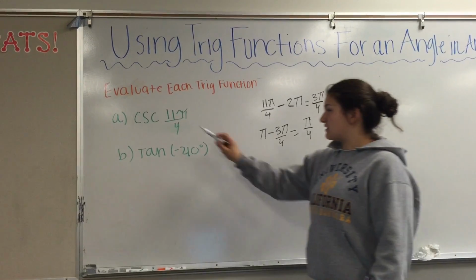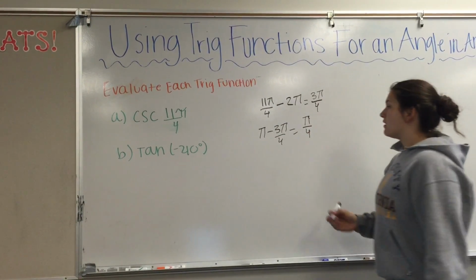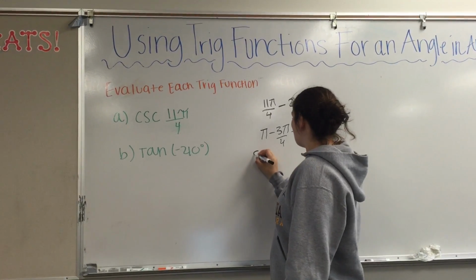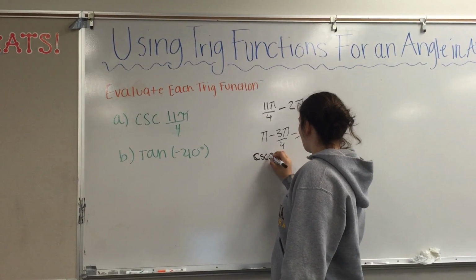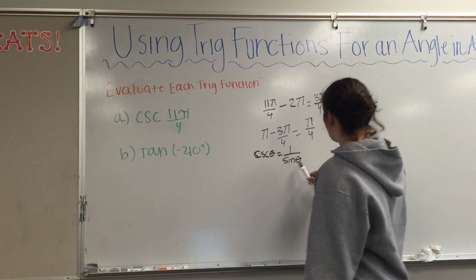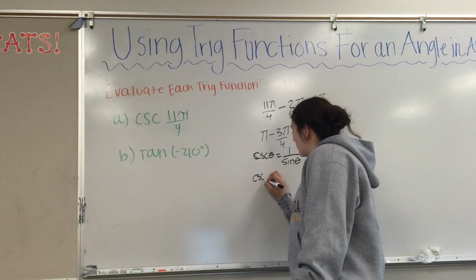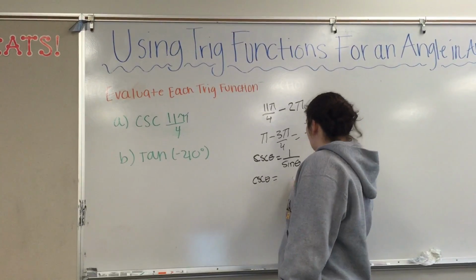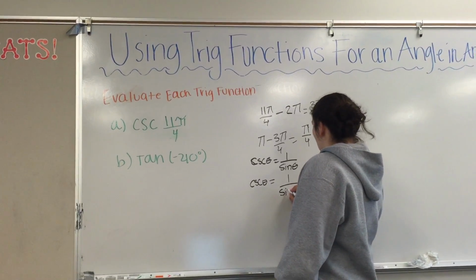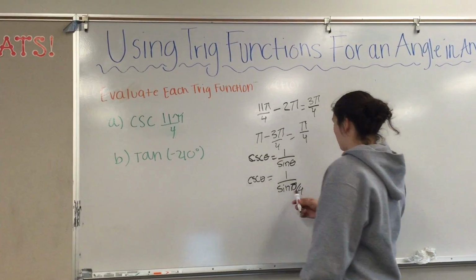Since we're trying to find the cosecant of pi over 4, you know that the cosecant equals 1 over the sine. So the cosecant is equal to 1 over the sine of pi over 4.